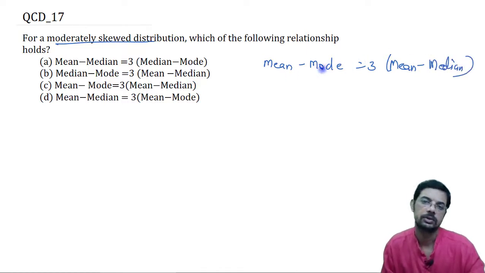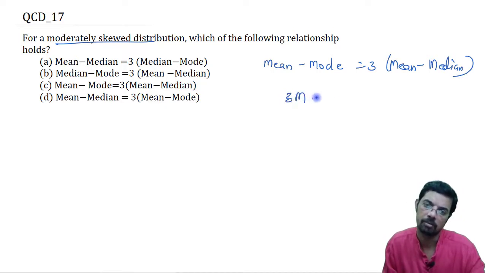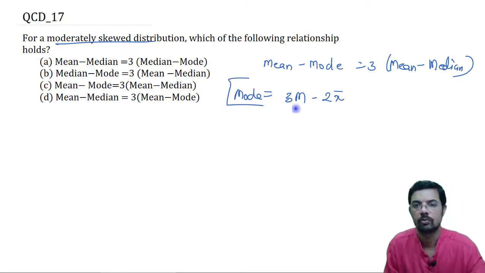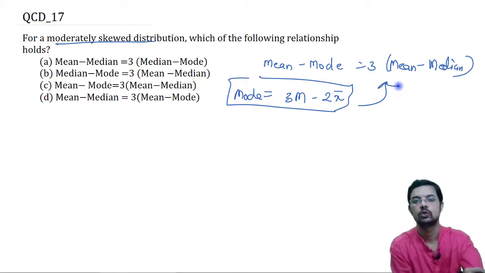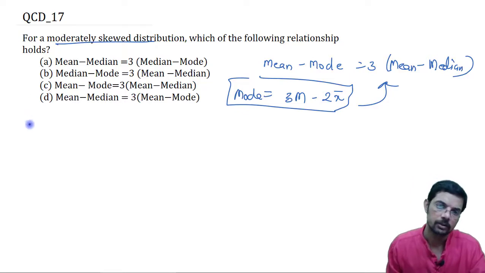Okay, we also have 3 median minus 2 x bar is equal to mode. So this formula can be modified into this form: mode is equal to 3 median minus 2 into mean. So therefore option C is the correct answer.